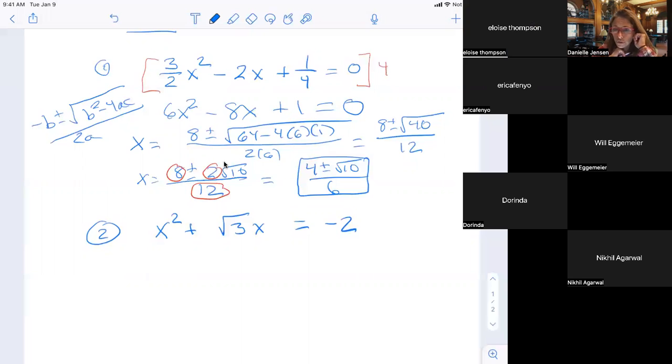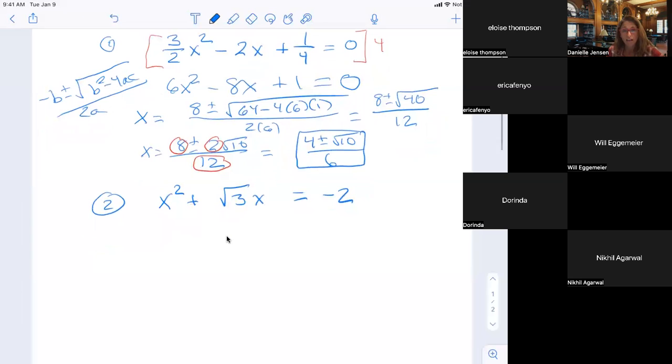All right, in 2, initially looking at this problem, what are you thinking is the best way to approach it? Like squaring the whole thing. Seeing a square root, it may be tempting to think of squaring everything. The problem is, remember what squaring everything means.